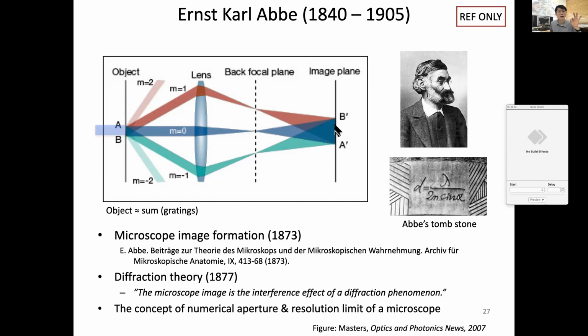This led to the discovery of breaking the diffraction limit of a light microscope, so that now we can have not only 100 nanometer resolution, but tens of nanometer resolution. And of course, that led to the Nobel Prize of 2014 in chemistry.